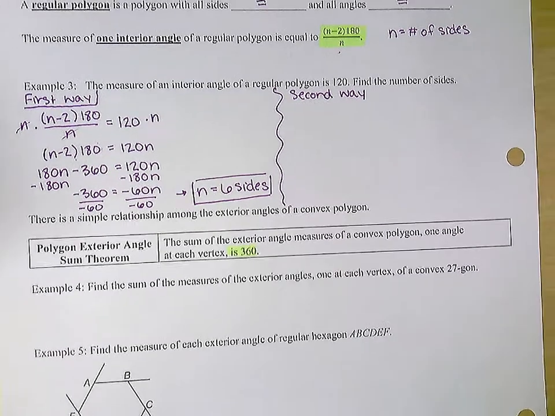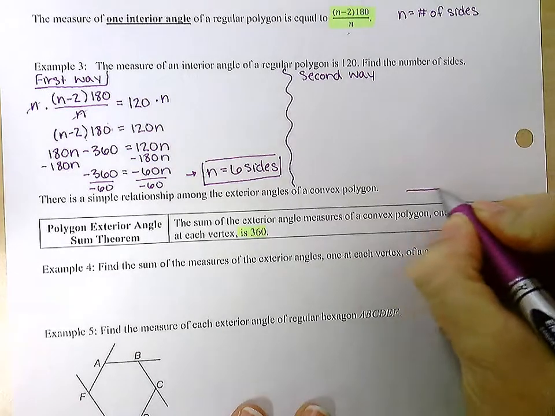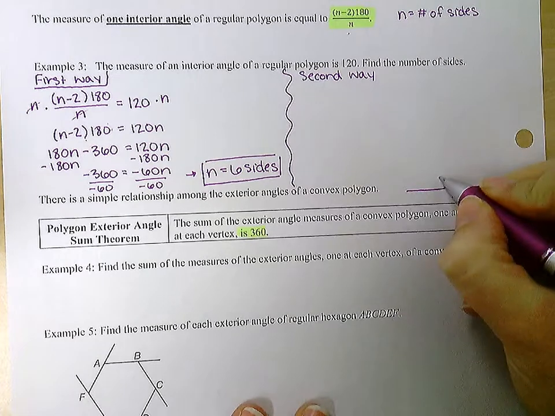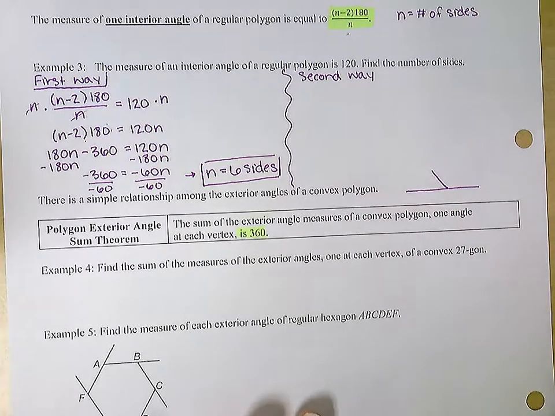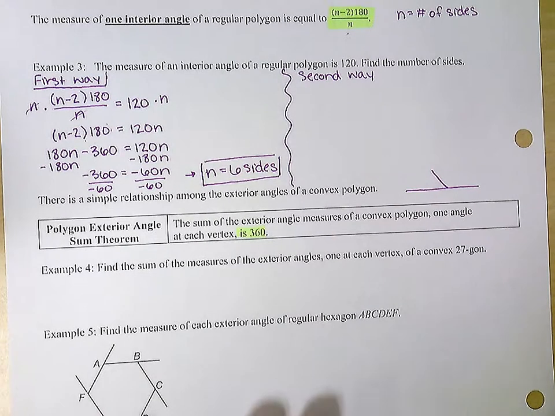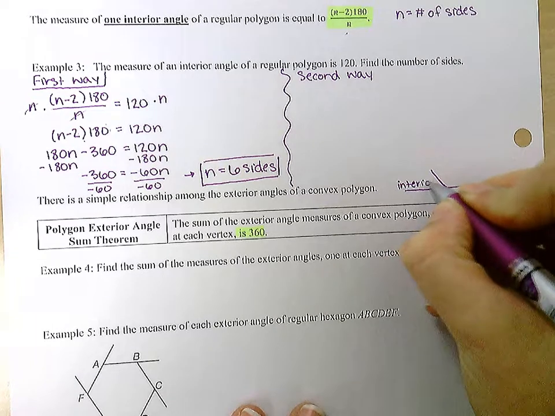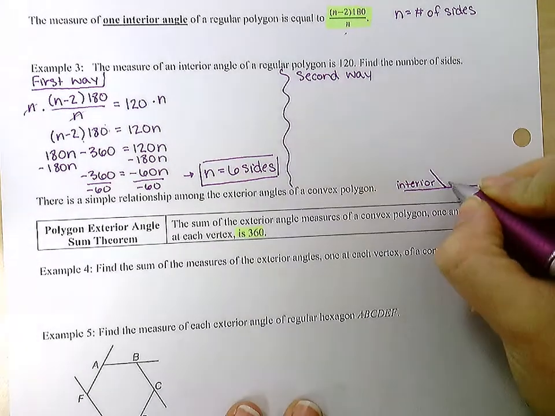Now, with your exterior and interior angles, okay, there's a relationship among those as well. Your exterior and interior make a straight line. Okay, so if that one's your interior angle, this one is your exterior.